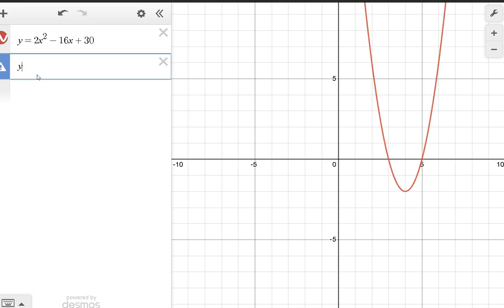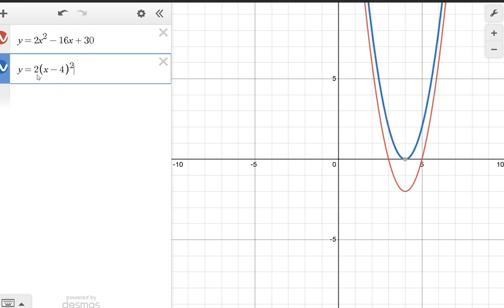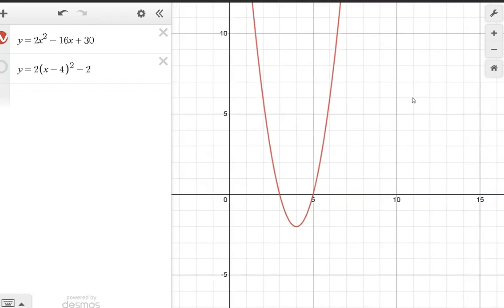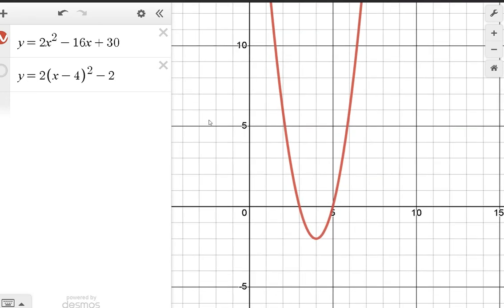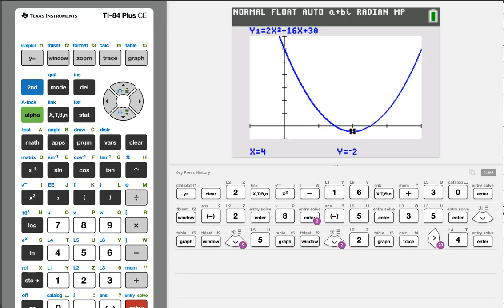And here's the other one, y equals 2 times x minus 4 squared minus 2. What should happen is that when you graph these things, one of them should land right on top of the other one. So here's your red graph, here's your blue graph. They're identical. So it's a way to double check it. You can do the same thing on the graphing calculator. You can graph both equations and make sure that they line up.